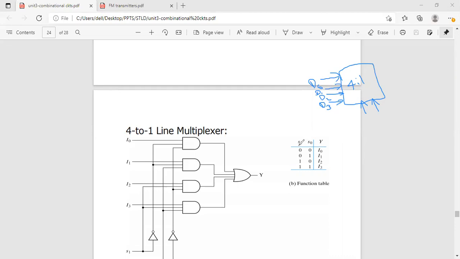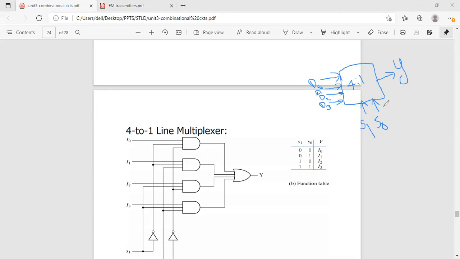Always the highest subscript number goes in the most significant bit position. You have to write like that. So S0 is the LSB and S1 is the MSB, and we have one and only one output, that will be Y. Next you have to draw the truth table.